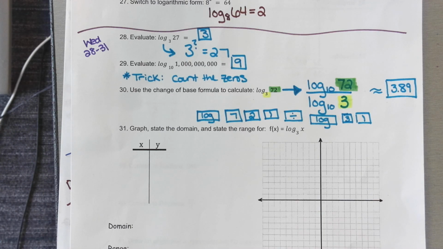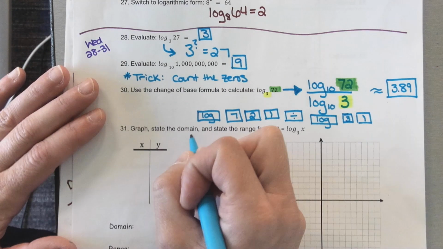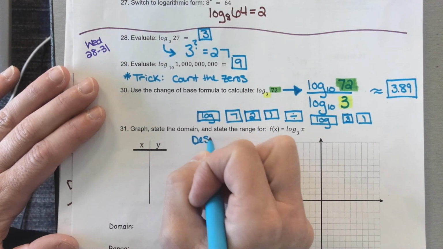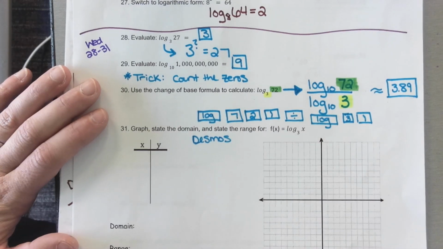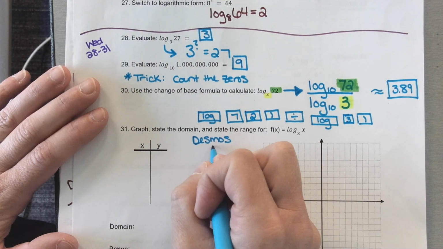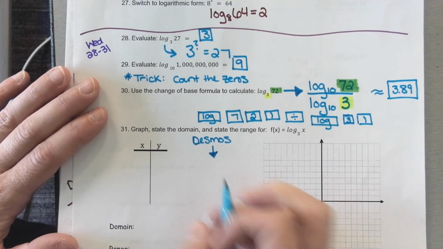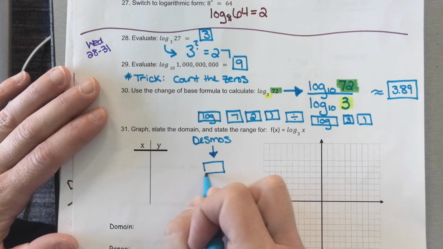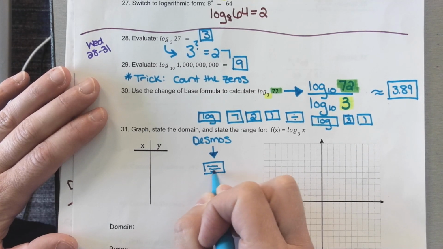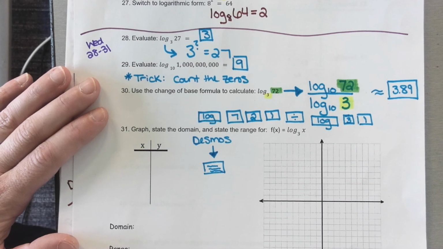Okay, 31. What do we need for this one? Desmos. Okay, now on Desmos, we've got kind of a chain here that we need to follow down. On Desmos, remember at the bottom there's that little keyboard icon? You need to click on that.